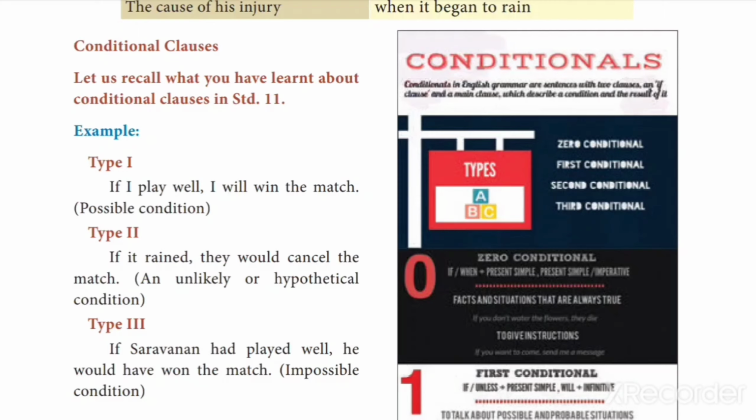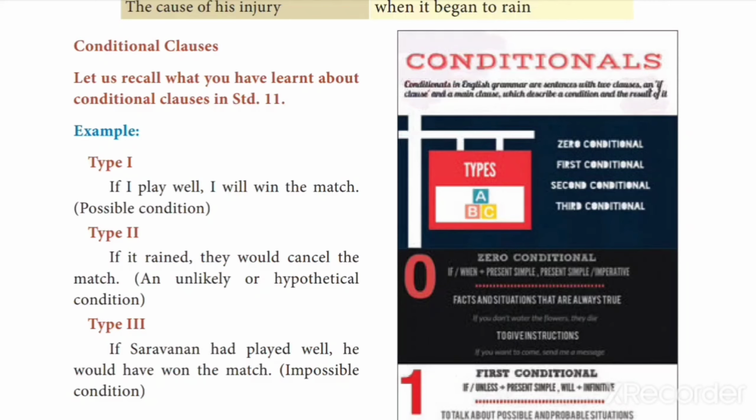And type 2 is, if it rained, they would cancel the match. It is used to say about an unlikely or hypothetical condition. And the third one is type 3, if Saravanan had played well, he would have won the match. Here it is an impossible condition.